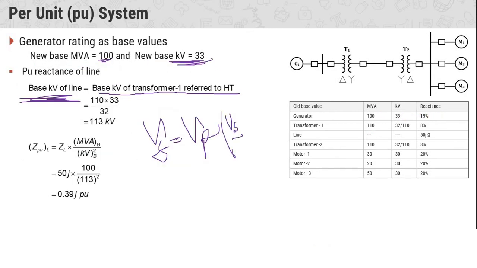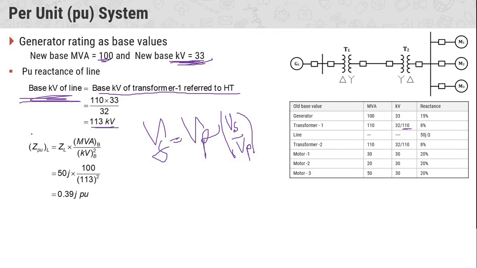Vp is equal to 110 for the transformer. The base value is 110 here. 110 into 33 referred to the generator, divided by 32. So 110 into 33 divided by 32. So the answer is 113, which is the new base kV.